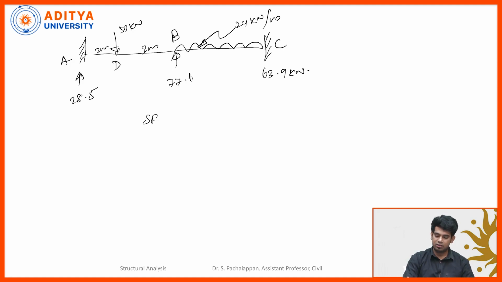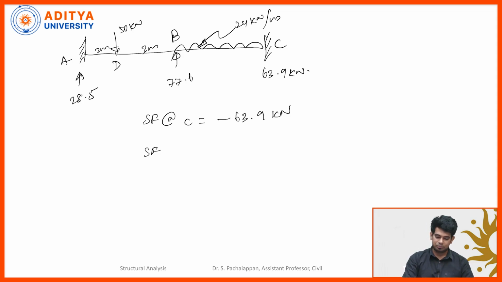Let's calculate shear force at the point C, which is minus 63.9 kilonewton. Whenever we are going from right to left, we consider the first value as negative. So we are doing the reverse process. If you go from A to C, then we consider all the downward forces negative and upward forces positive. Here I am going to consider all the upward forces negative and downward forces positive.